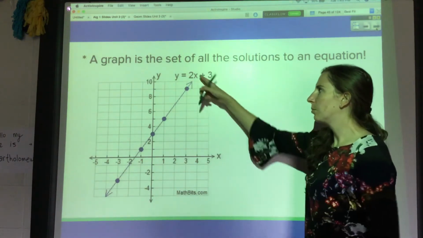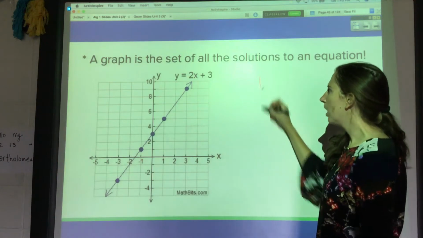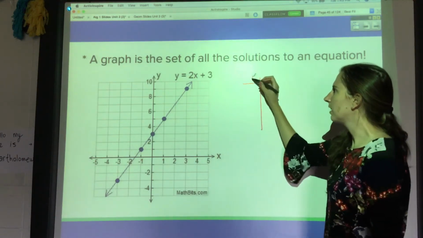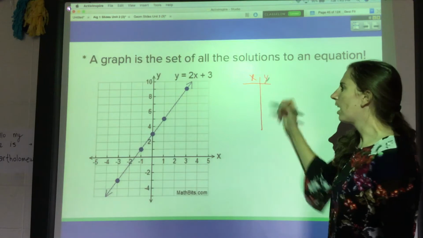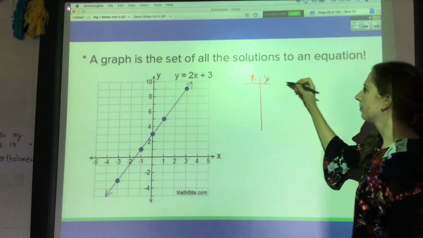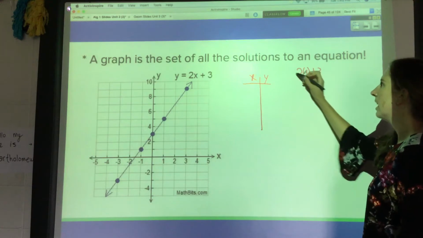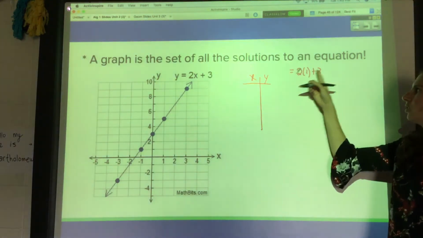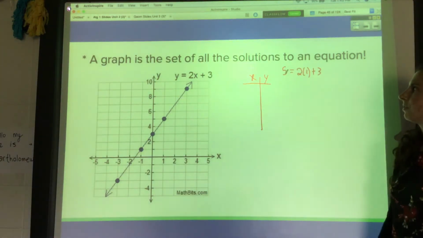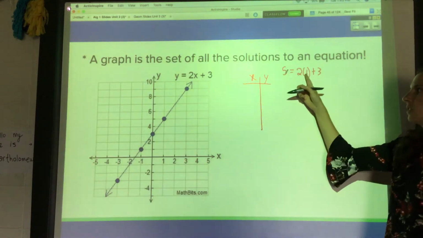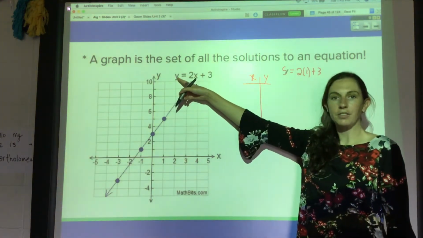Like I could plug in a 1 for x, like if let's call this x and this y. If I plug in 1, I'll do 2 times 1 plus 3, and that gives me 2 plus 3, which is 5. So when x is 1, y is 5.